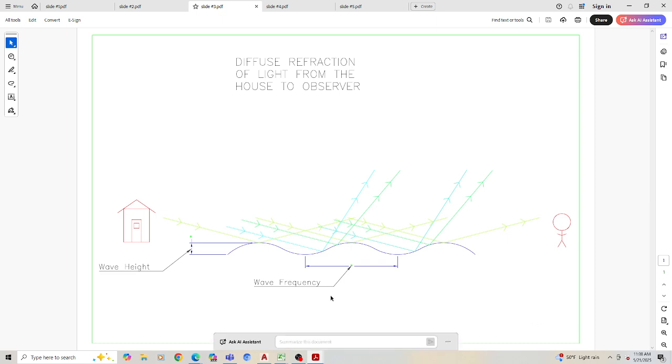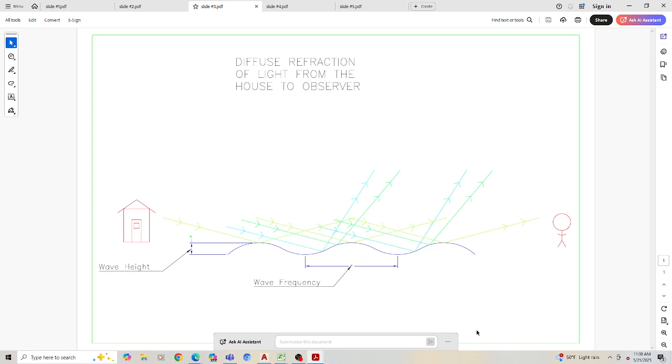You will have rays of light coming from the house that will intersect a turbulent or undulating body of water, and we will have certain incident rays that hit the top of the wave and all reflect uniformly, and we will have a bunch of incident rays that will connect with the surface of the water and reflect in a different direction.